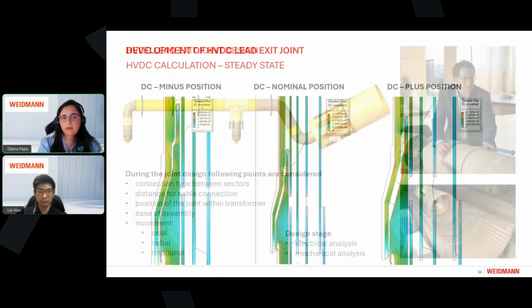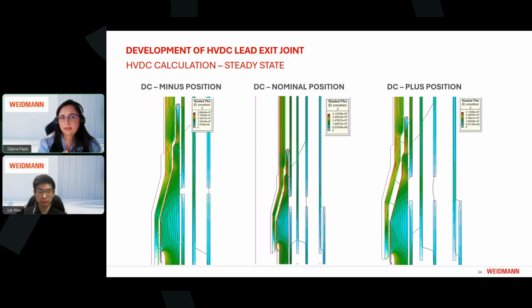Here's just an example. For this electrical analysis, it is recommended to do DC and, if it is the case, the polarity reversal steady state study of the joint in all three positions of the tolerance, because as we can see from those two examples of the field plot, shaded plot of the stress evaluation under DC, there is a huge variety depending on the final position of the joint.